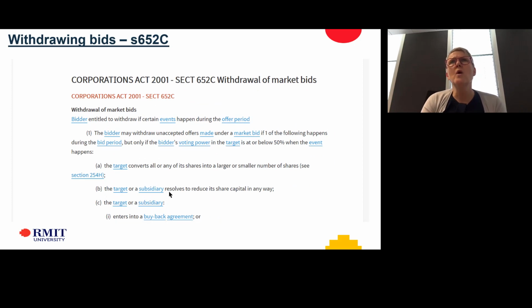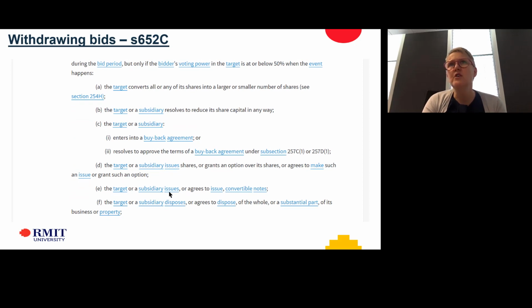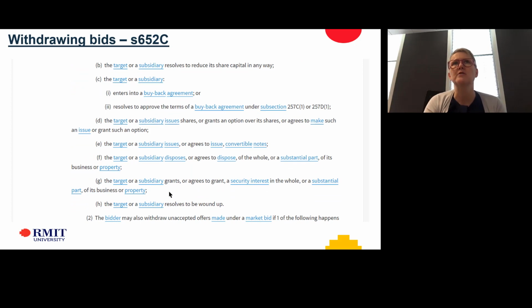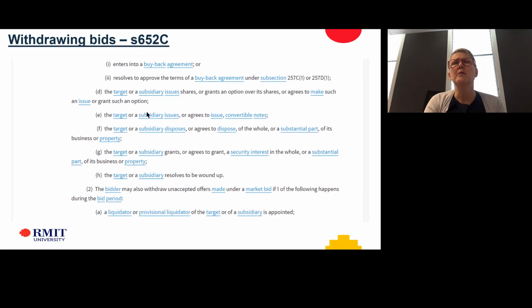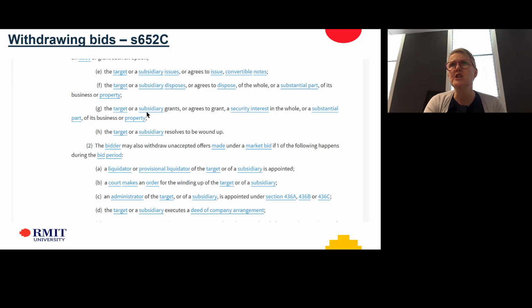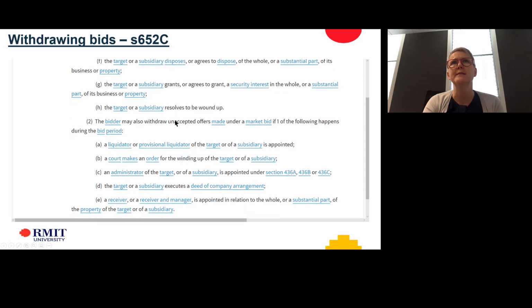You can withdraw on the conversion of securities, so a change to the way that securities or the capital structure of the company. If there's been a buyback, it's interesting, a target or a subsidiary enters into a buyback or approves a scheme for that. Grants options, issues new shares, basically changes the nature of what it is that the company is buying or a bidder is seeking to buy.